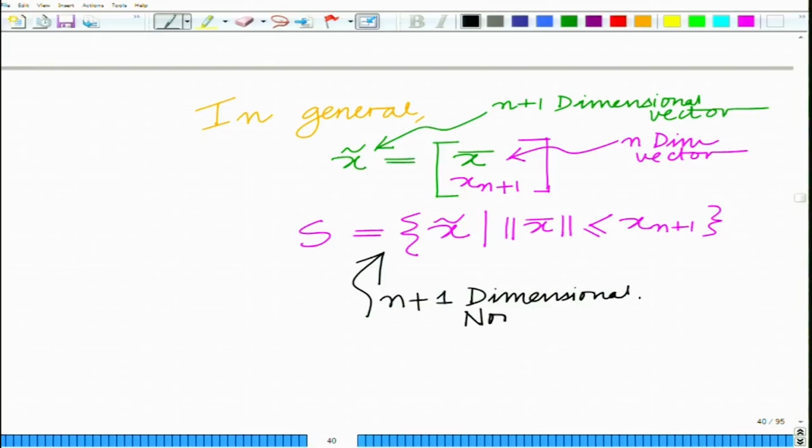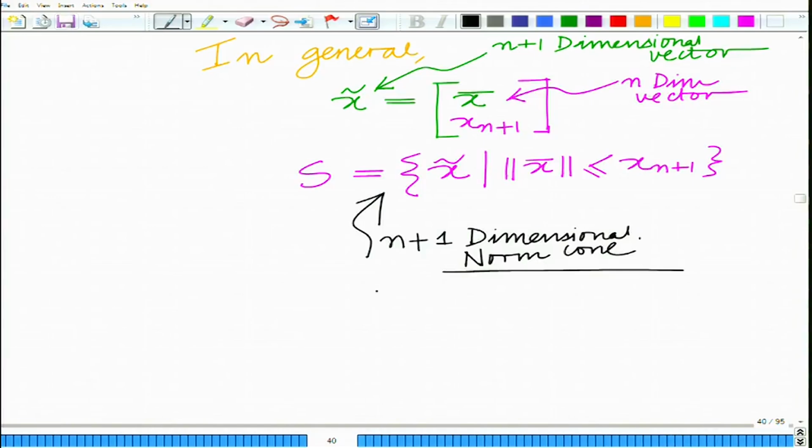The relevance to us is that this is a convex region, and it is a fairly important class of convex regions. It is a more sophisticated convex region.